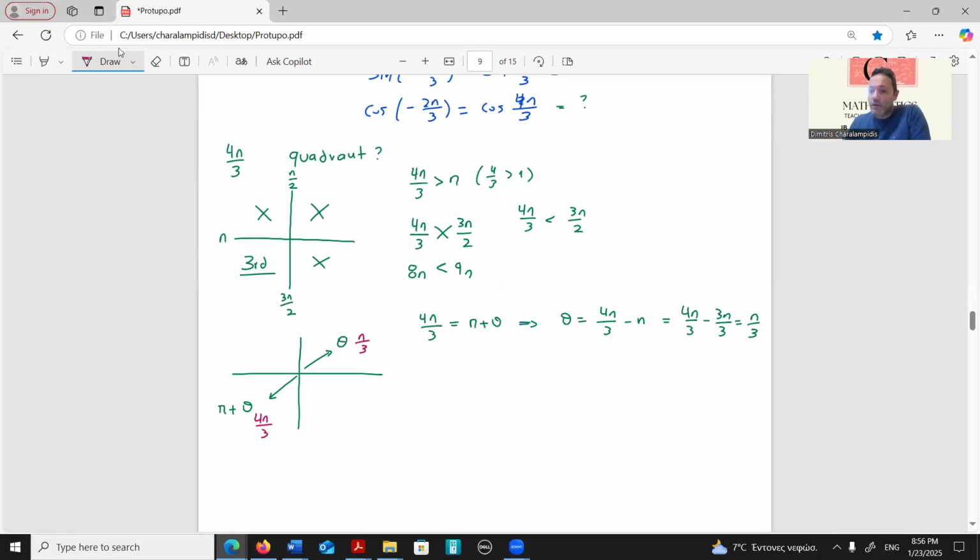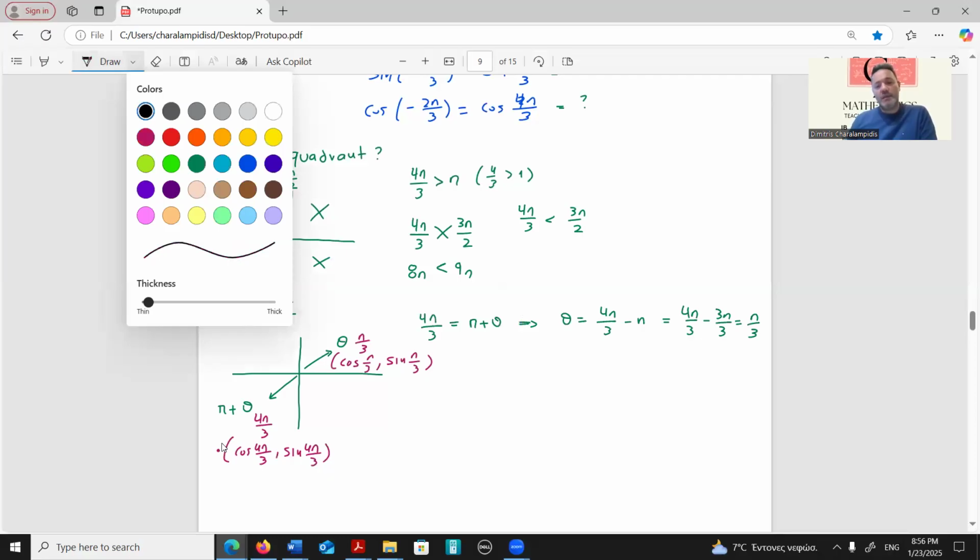Let's see how the unit circle will assist us further. Since in order to get to the first quadrant, I had to draw an angle of pi over 3 radians, the coordinates of that point could be expressed as cosine pi over 3 and sine of pi over 3. Since in order to get to the third quadrant, I had to draw an angle of 4 pi over 3 radians, the coordinates of that point can be given as cosine of 4 pi thirds, sine of 4 pi thirds.